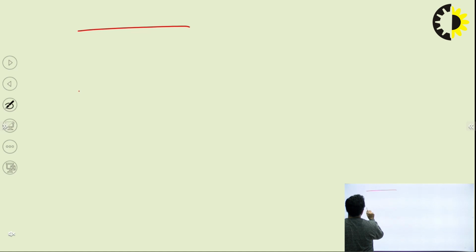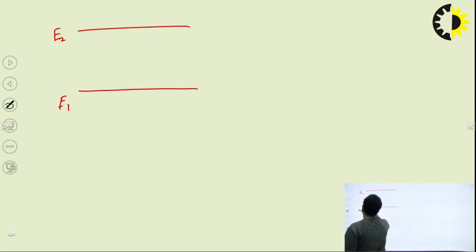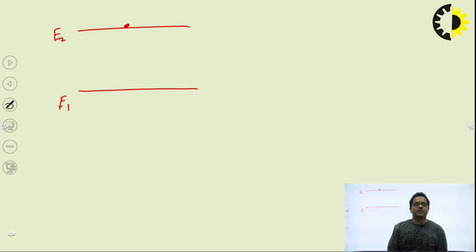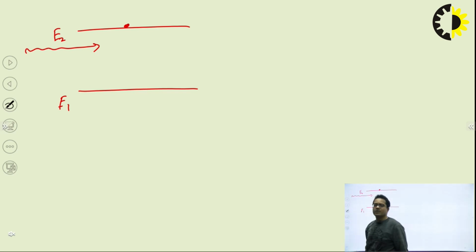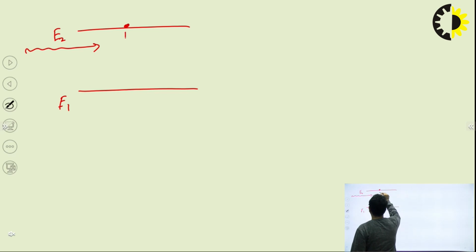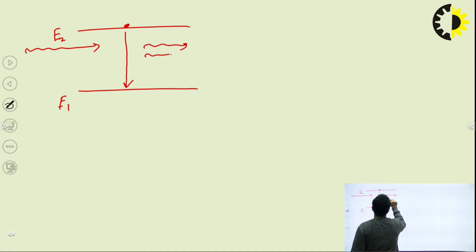The first thing is stimulated emission. We have two energy levels, E1 and E2, whose energy difference is exactly equal to h nu, and we have an electron in the excited state, in the higher energy level. Whenever a photon is incident on the electron, it stimulates that electron, and the electron falls into the low energy state, which leads to the emission of a photon.